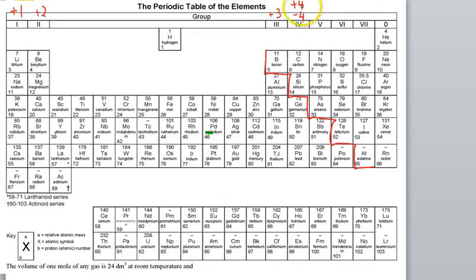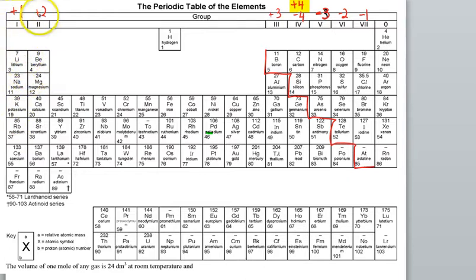So you must look at the question, but most of the time it will follow a plus 4, so just take note. Then for group 5 it will be a minus 3. Group 6 it will be a minus 2. Group 7, minus 1.